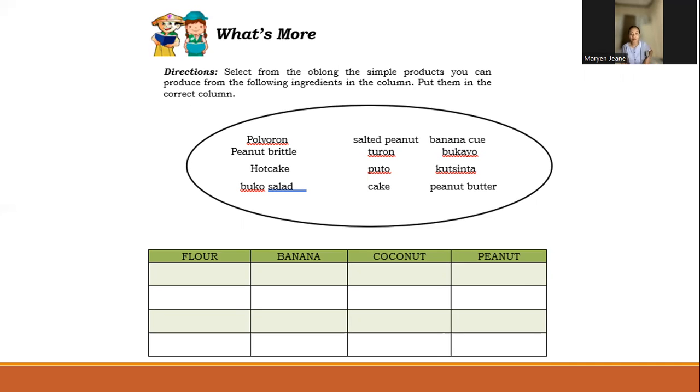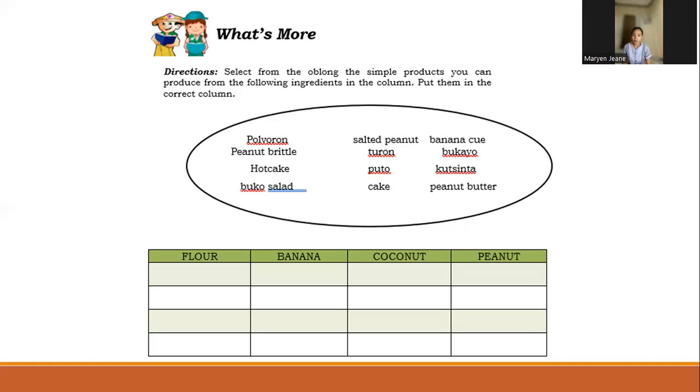These are simple products. We have polvorone, peanut brittle, hot cake, buko salad, salted peanut, turon, puto, cake, banana cue, bukayo, kutsinta, peanut butter.